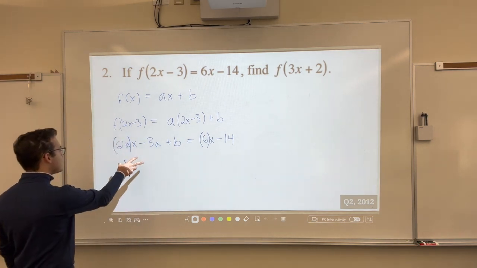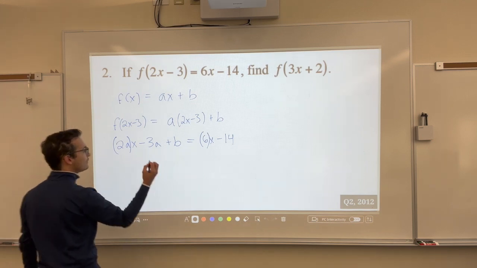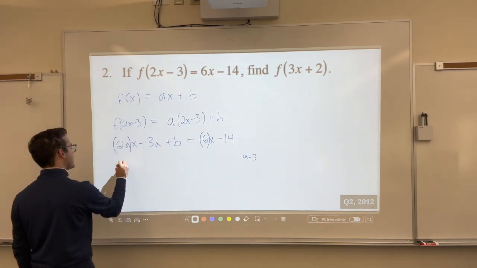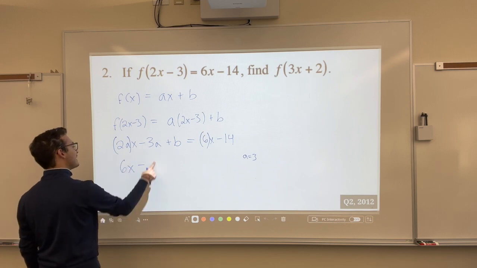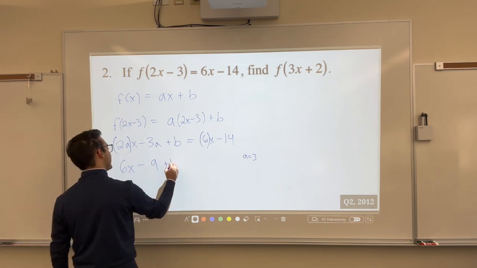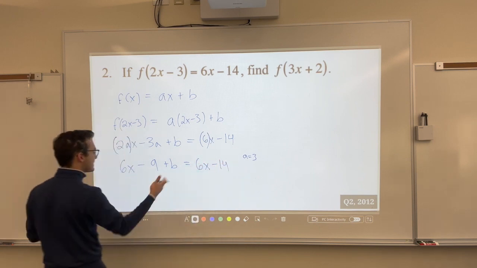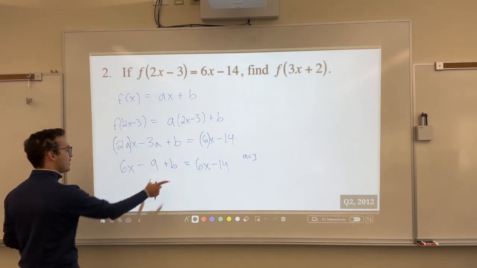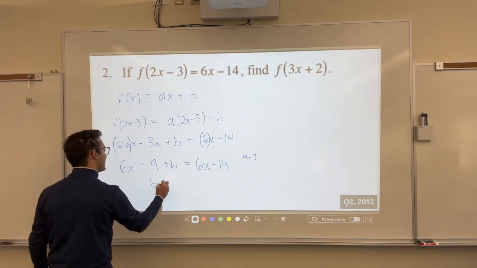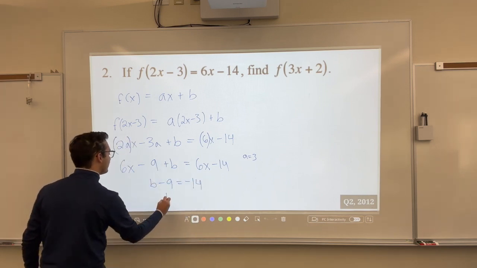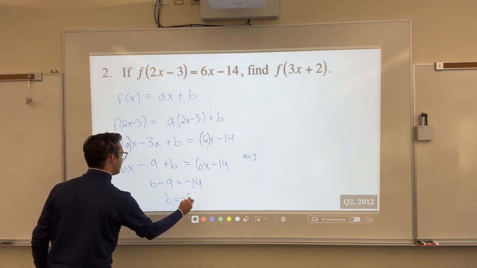So once we know that a is equal to 3, we can make a note of that over here. A equals 3. And then come back, and we say 6x minus 9 plus b is equal to 6x minus 14. Well, the 6x's are the same, so those don't really matter. We get b minus 9 is equal to negative 14, and therefore b is equal to negative 5.